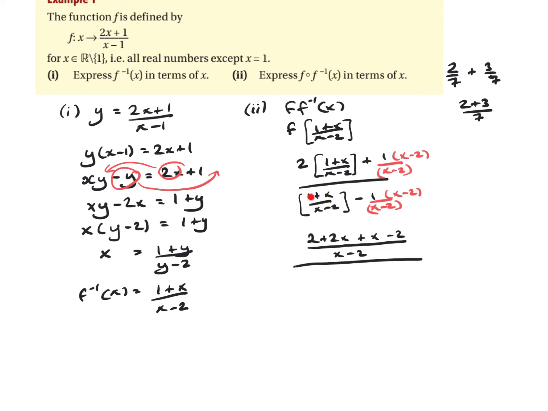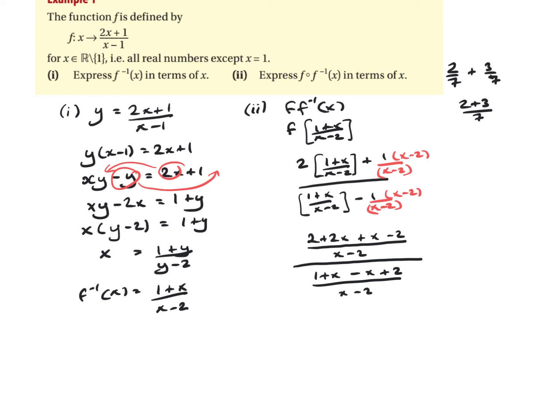So on this side I've got 1 plus x. That's nice and straightforward. 1 plus x. And then I've got minus 1 here, multiplied by x, and minus 1 multiplied by minus 2. So we get minus x and plus 2. So minus x and plus 2. And that's all over, again, x minus 2.